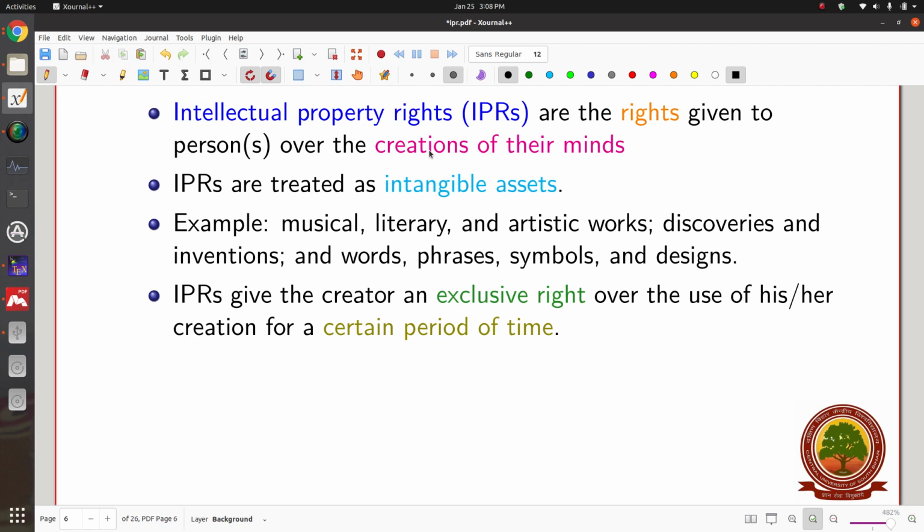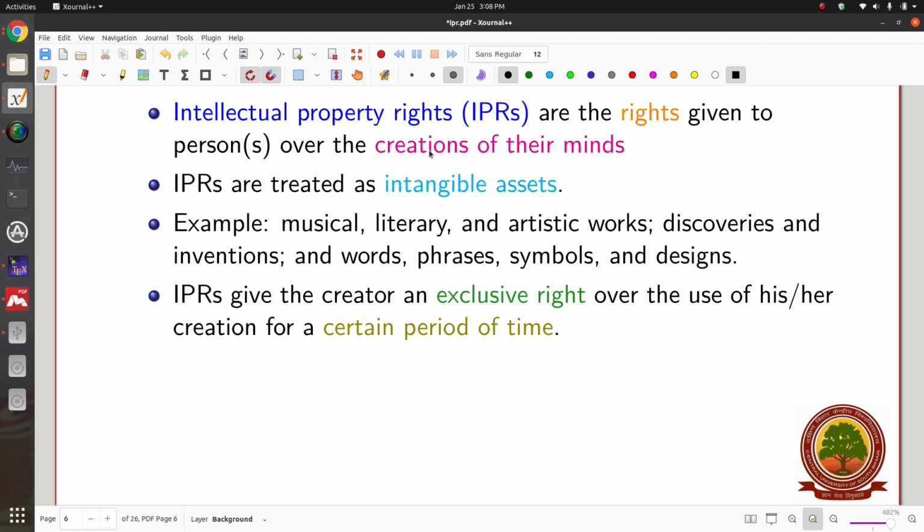Whatever you have created with your intellectual mind, you can disallow certain people from using it. Suppose you created a scientific diagram, you can stop other people from using that diagram. You have complete right to do that.